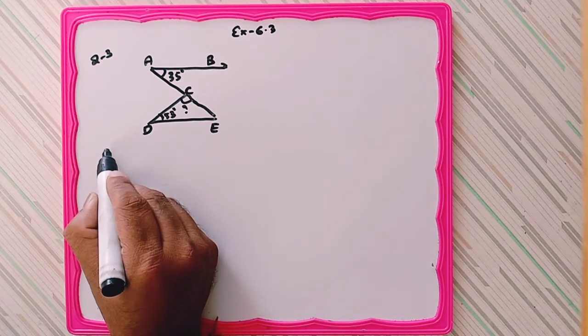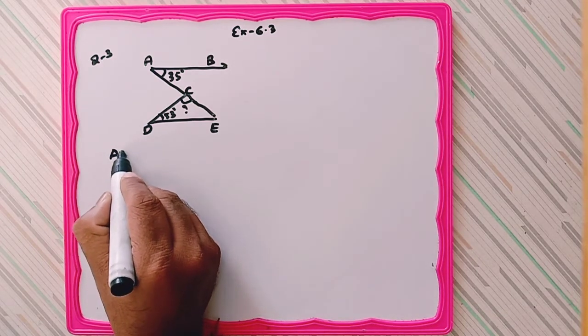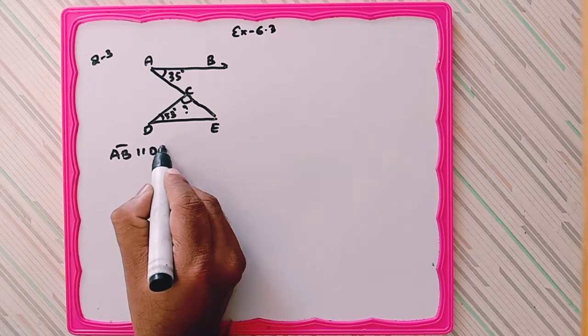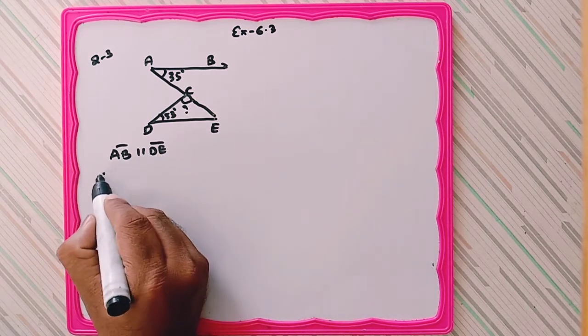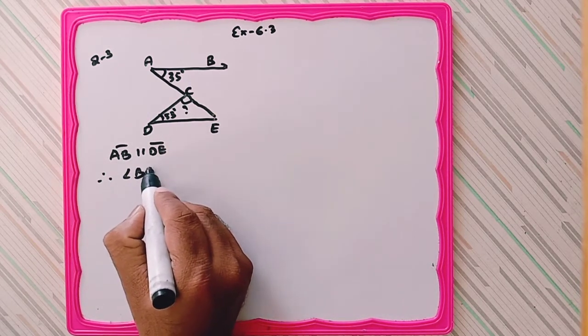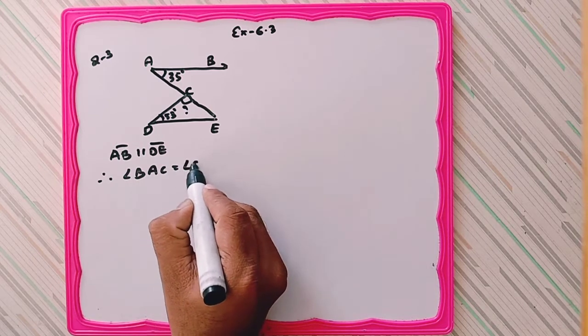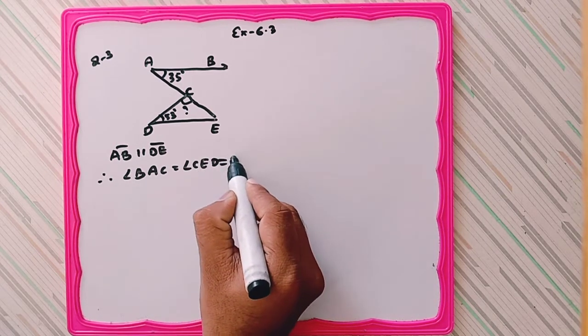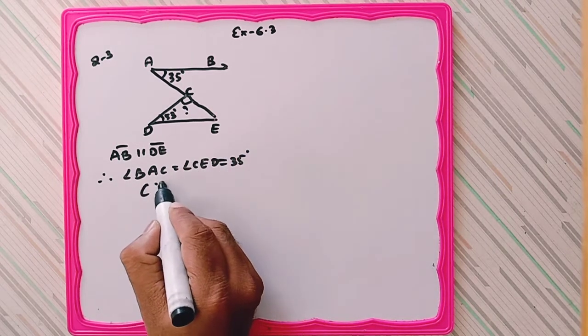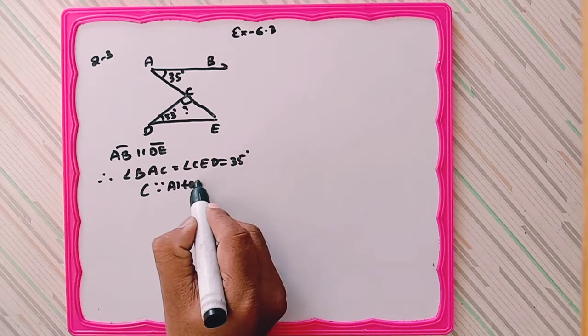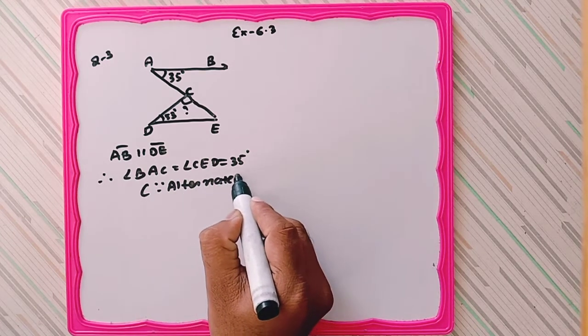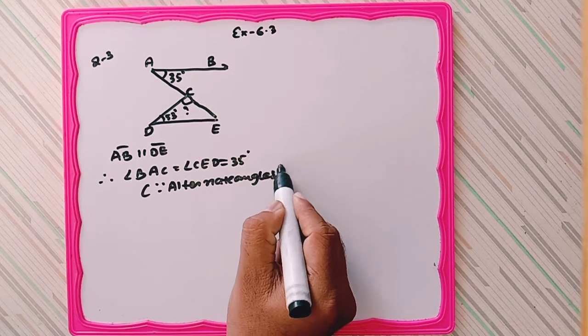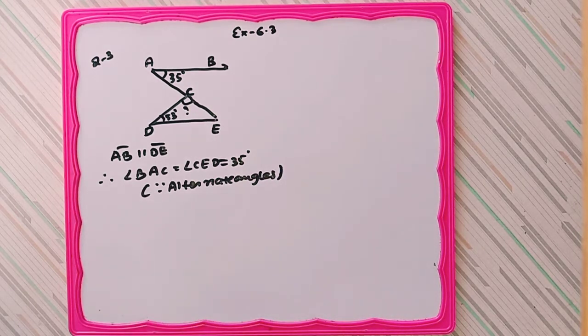So here given that AB is parallel to DE, and therefore angle BAC equals angle CED equals 35. These are alternate angles for parallel lines.